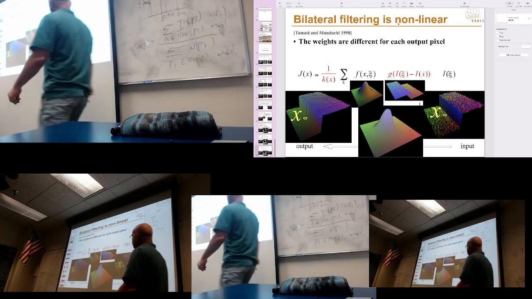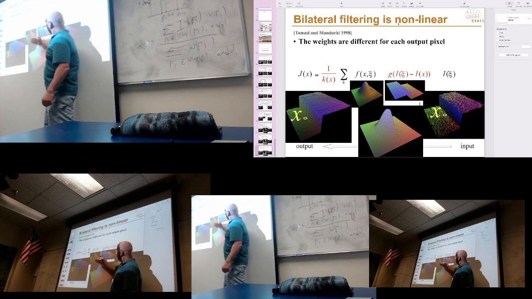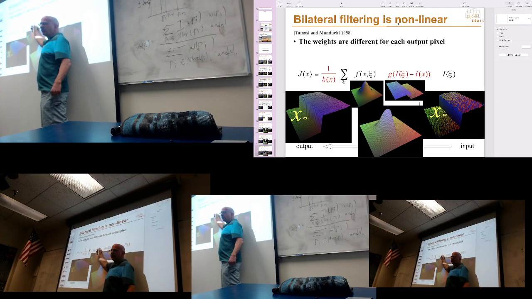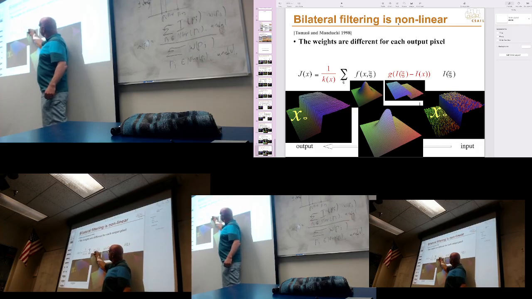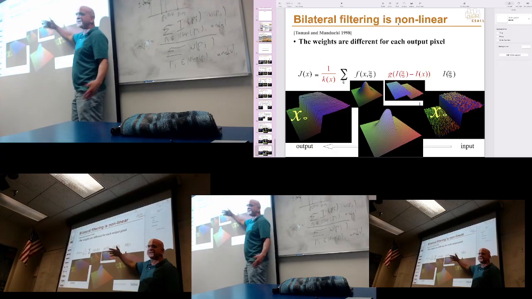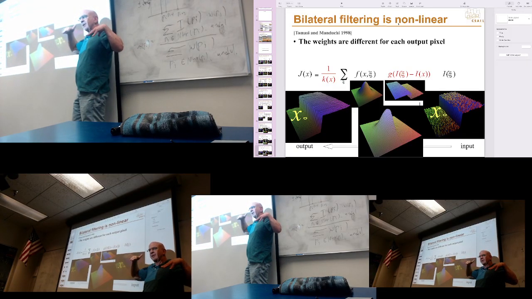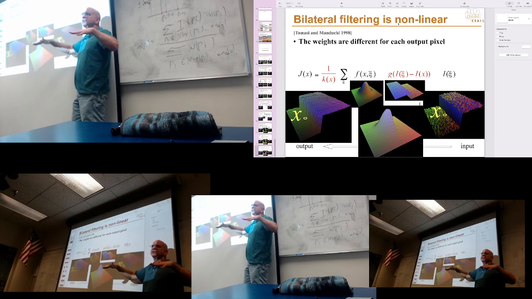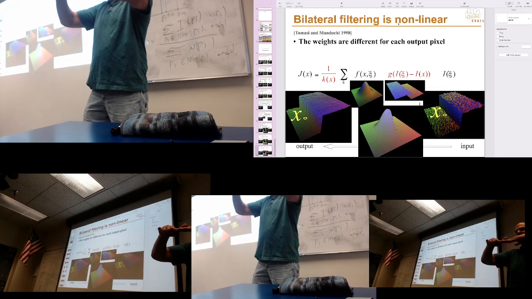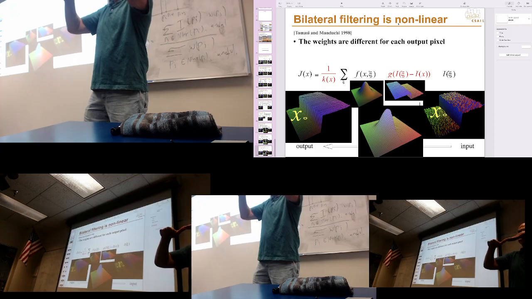And don't forget 1 over k here, whose only purpose is to make sure that we are still doing averaging. It's still a convex combination. So the sum of this times this times this sums up to all the pixels still summing up to 1. Why do I want it to sum up to 1? Because if I start with an image that is uniformly blue with some intensity, I want to end up with an image that is uniformly blue, exactly the same intensity.